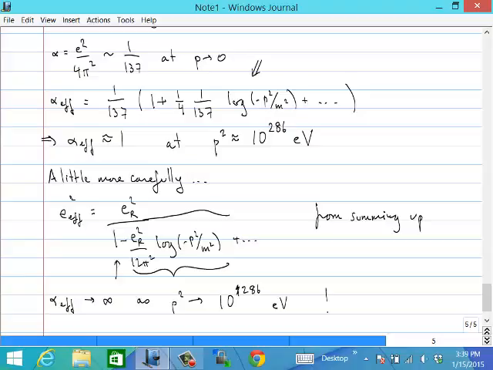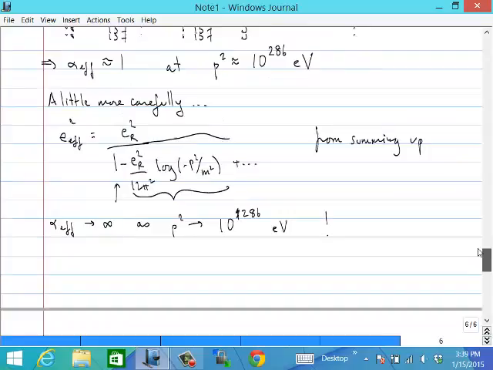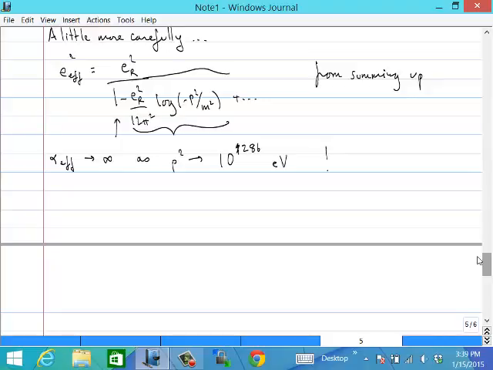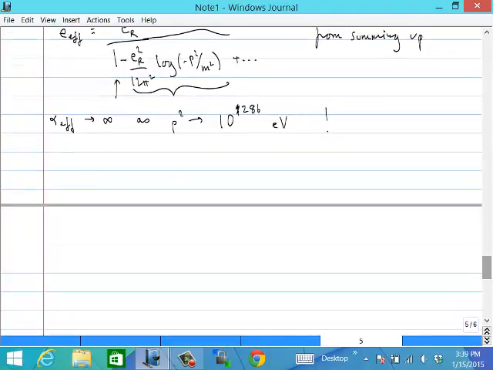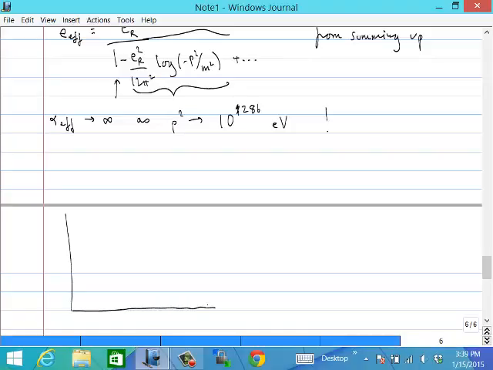So if we were to make a graph of the coupling constant as a function of energy, so if this is the effective coupling constant, let's actually graph it just for fun as a function of radius. Then at very long distances, the coupling constant is approximately a constant.